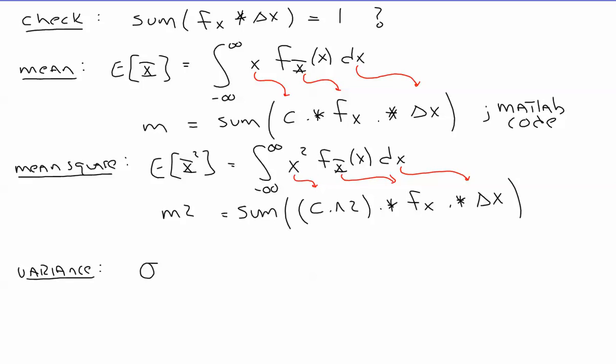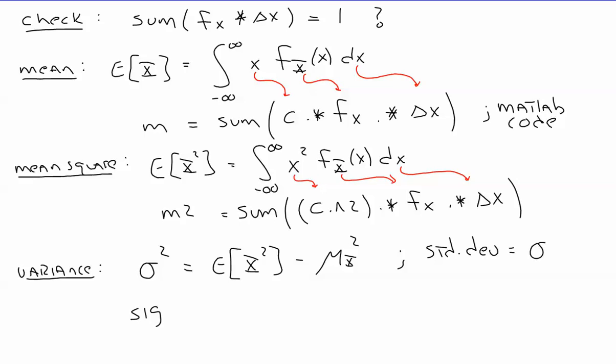Remember, we calculated the variance was the mean squared value minus the square of the mean. And using our MATLAB estimates, we could make a variable sig. And oh, by the way, the standard deviation is just sigma, the square root of the variance.